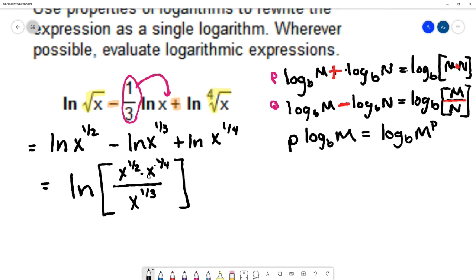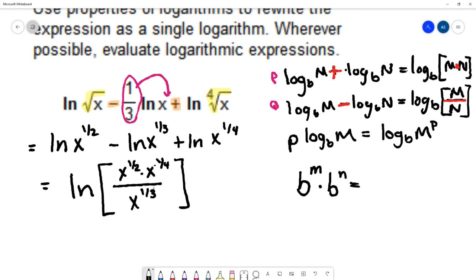We have the product rule for exponents, and with the product rule, we add those exponents together. We also have the quotient rule for exponents. That's when we're dividing, and we subtract the exponents. So those rules look like this. b to the m times b to the n.